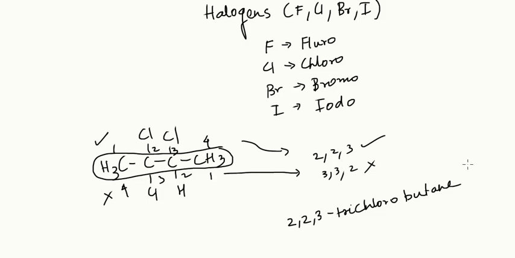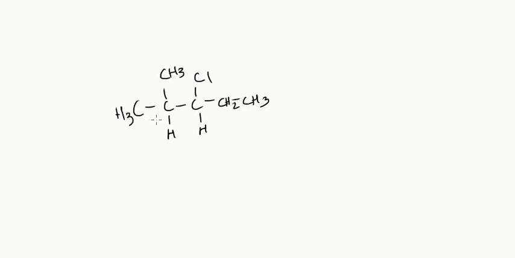Okay, so we will be seeing a few more examples to understand how to name halogens properly. In this we see that there is a straight chain, there is also one carbon which is outside the chain, and there is also one chlorine.